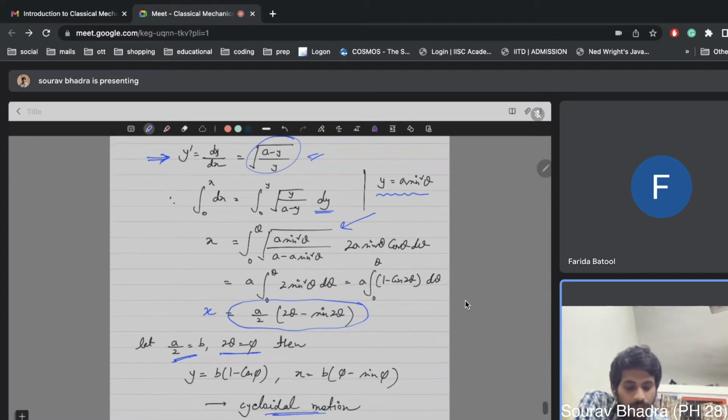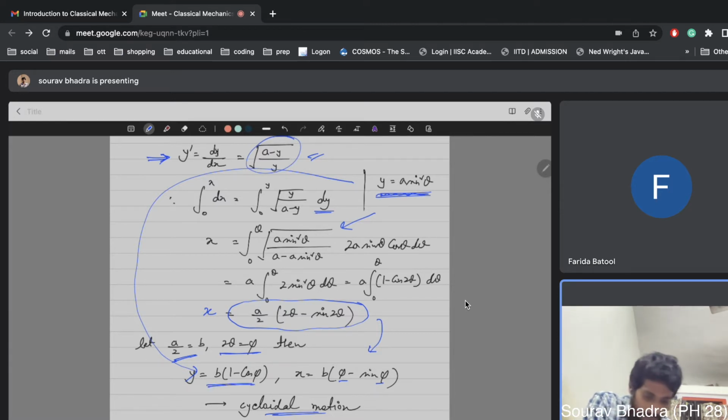So this x equation can be written as x equals b (phi minus sine phi). And remember, we have substituted y equals a sine square theta. So if we write y also in terms of this, this will be the result, because y equals a by 2 times 2 sine square theta, which means 1 minus cos 2 theta.